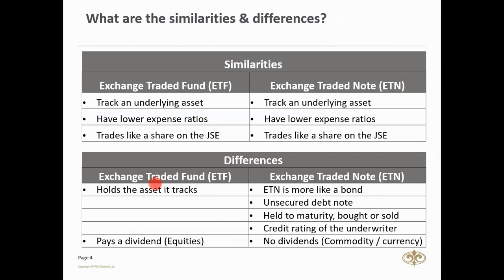The big difference between the two of them is also that ETFs would pay a dividend because most of the time they're involved with equities, and obviously commodities and currencies do not pay any dividends. So those are the two big things you have to worry about, or discern or differentiate between the two of them. I hope that gives you a quick overview. As I say, my objective today is to keep it very simple and just give you a quick overlay.